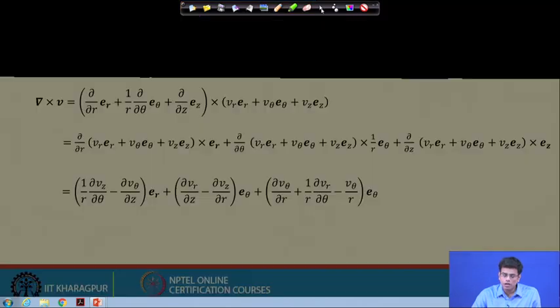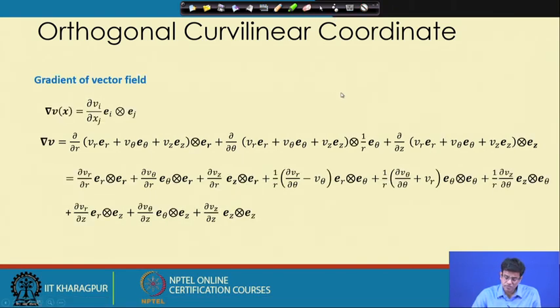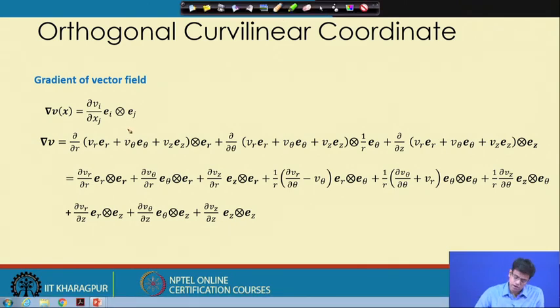Now, for instance, the gradient of a vector field. We know that the gradient of a vector field is ∂Vi/∂xj Ei tensor product Ej. If we have to evaluate this in a cylindrical system, similar to the previous process, the vector field is essentially V, and this V has to be taken tensor product with each of the basis vectors in the cylindrical system, which I have done here.